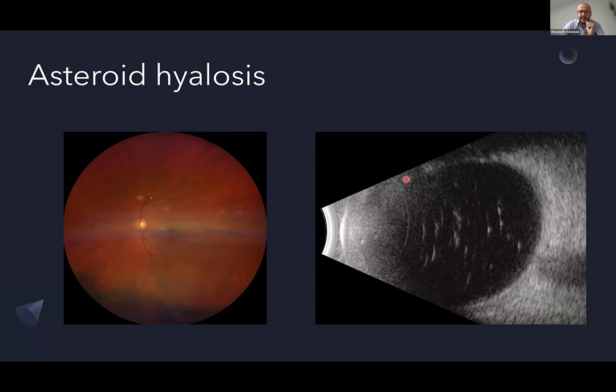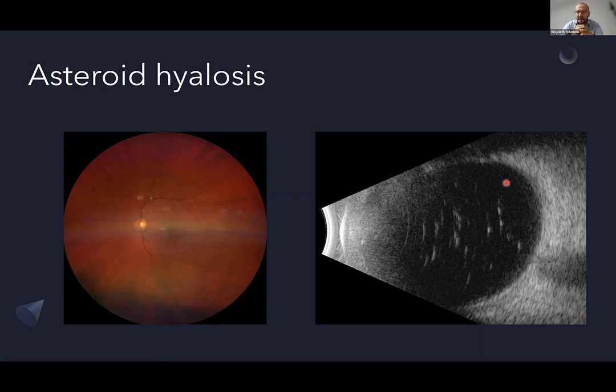So what I mean by that, again, is this is the same patient with a color picture and an ultrasound picture. It's a patient with very mild asteroid hyalosis. It's really just a couple of particles when doing funduscopy, but when doing ultrasound, there's a lot of floaters there. It's also important to say that the patient did not really suffer from any symptoms, right?